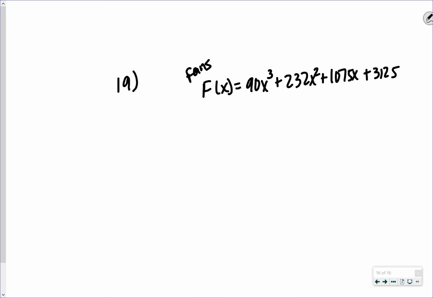The number of professional tennis games played from March to December, so this is the actual number of games, would be g of x, which is 9x plus 25, where x is the number of months since March. Which of the following correctly describes the average number of fans per game?